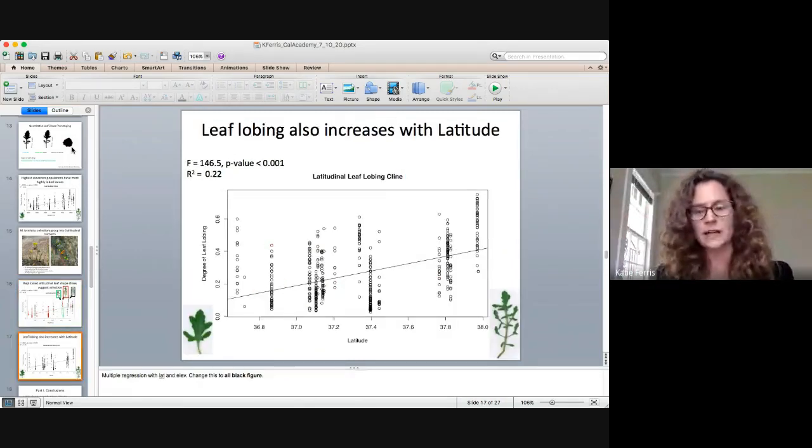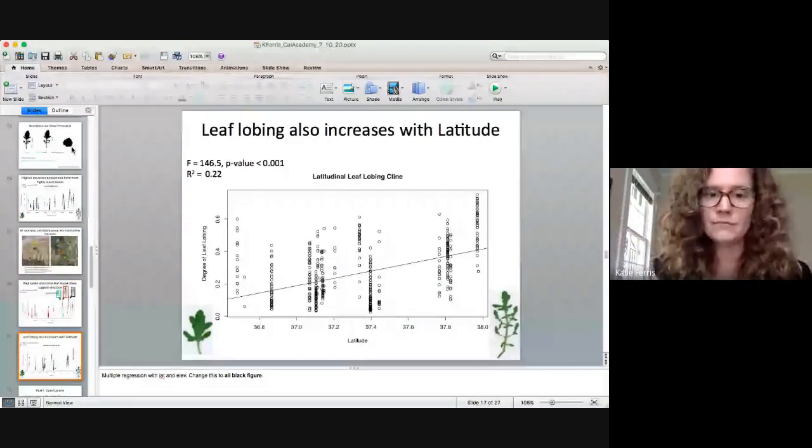We also see a pattern with latitude, where high latitude populations have the most highly lobed leaves as well. So, high elevation and high latitude populations of Mimulus laciniatus have the most highly lobed leaves. We see this in a common garden, so this is a genetic difference. And this suggests that potentially something about high latitude and high elevation populations has caused selection for increased leaf lobing, potentially cold, since that's an environmental factor that high elevation and high latitude have in common.